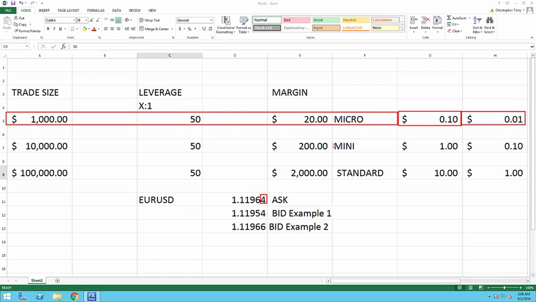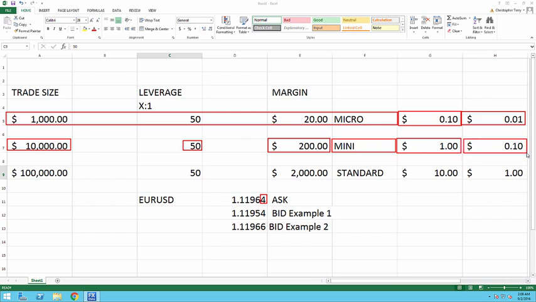Now, looking at the trade size, the next highest is the mini, and that leverage is $10,000, and at a 50 to 1 leverage, you only have to put $200 up in your account. So you have $200, you can leverage $10,000 in value, and every time a pip moves, it's $1, or a pipette moves 10 cents. And finally, we have the standard lot, where $100,000 at a 50 to 1 leverage is $2,000.